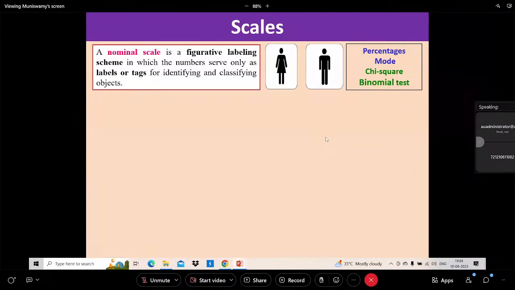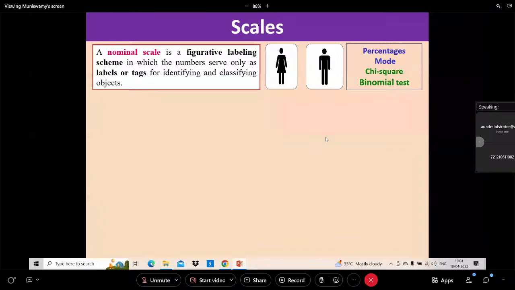If it is inferential statistics, you go for the chi-square test, or the binomial test. Suppose you go to the bank, in our campus there is State Bank and other banks. Which bank is satisfactory? Binomial means satisfaction levels of two categories, satisfied or not satisfied. So you can apply binomial test analysis.